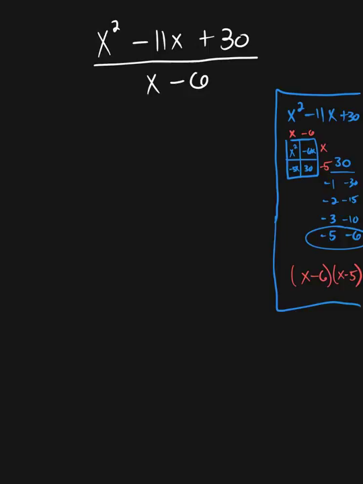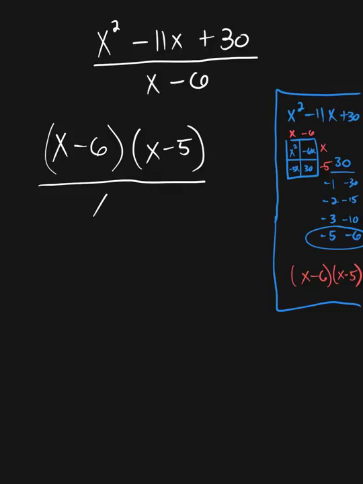And so what I'm going to do is up here in my original equation, I'm going to replace this x squared minus 11x plus 30 with this x minus 6, x minus 5. I'm going to do that real quick. x minus 6, x minus 5, and then all of that is over the original x minus 6.